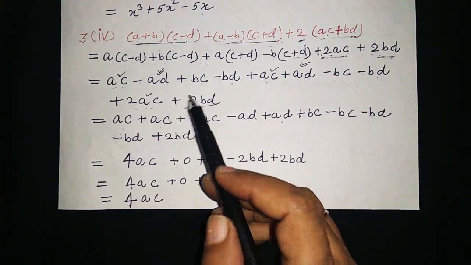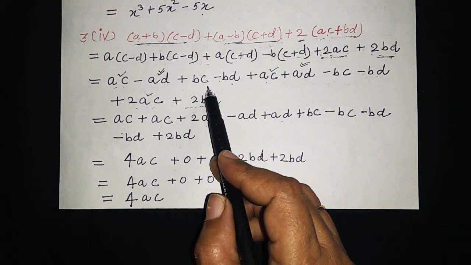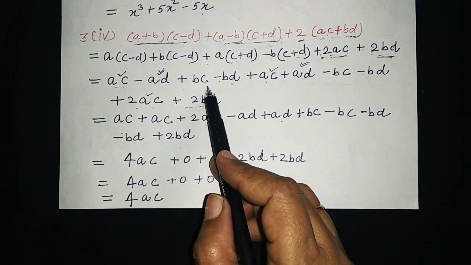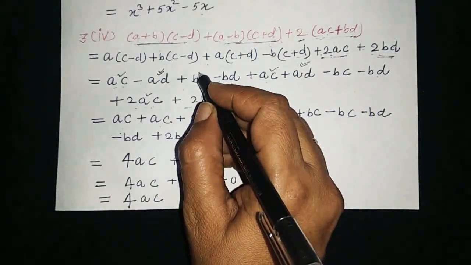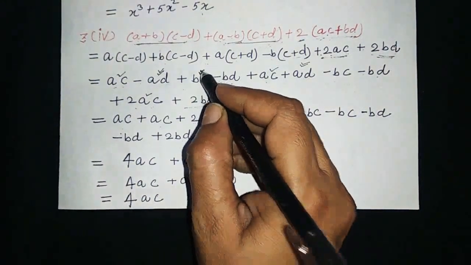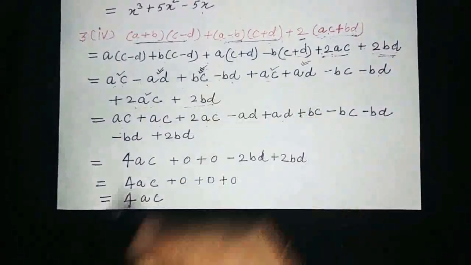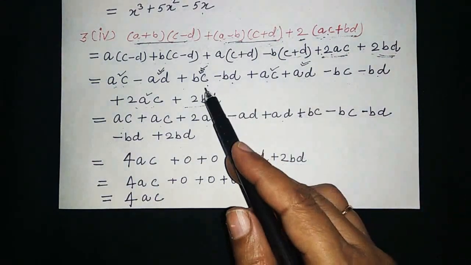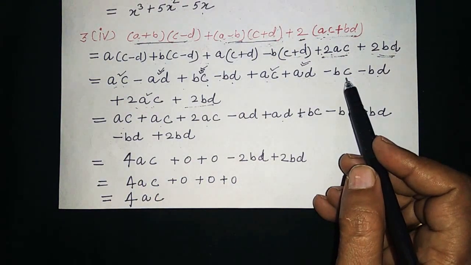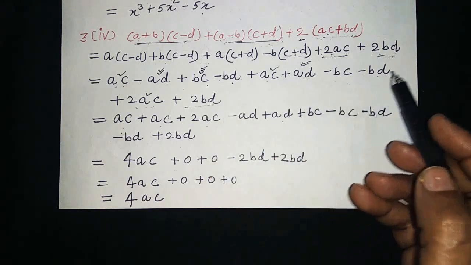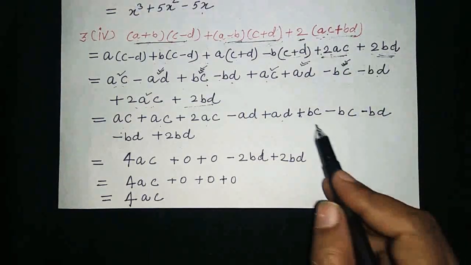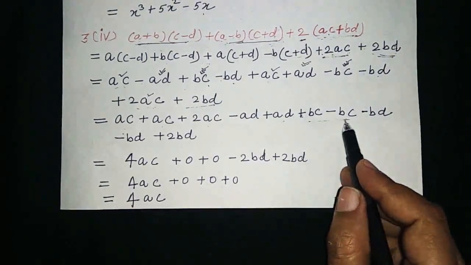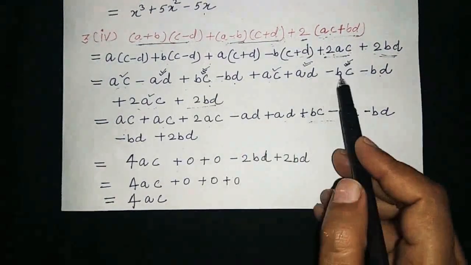Now plus bc we will write here, because we have to see this plus bc, and one more like term of such type you can see here, this minus bc. So both you will write here, this bc and this minus bc.